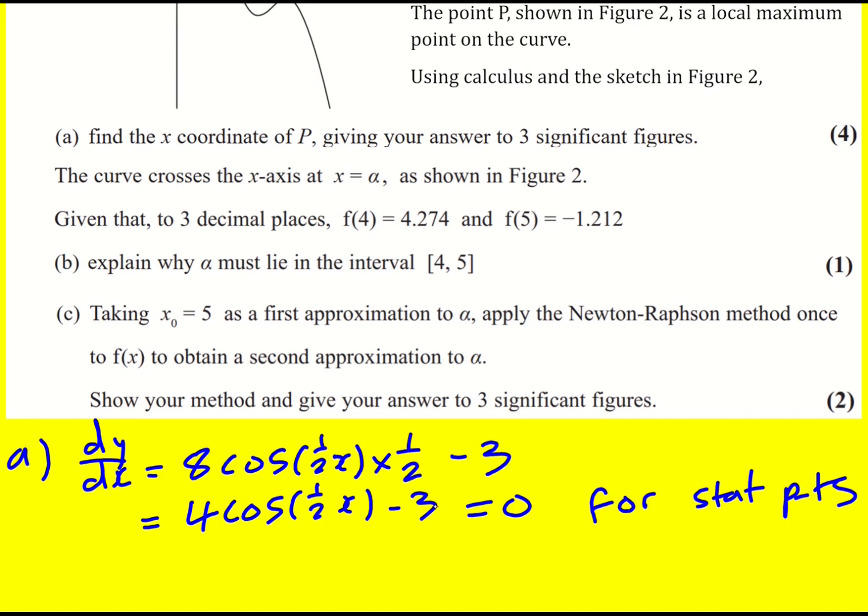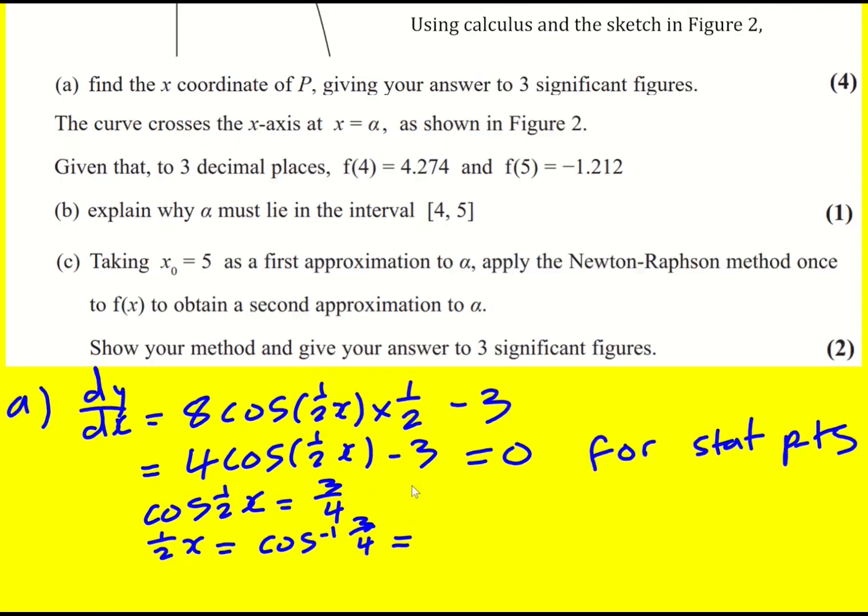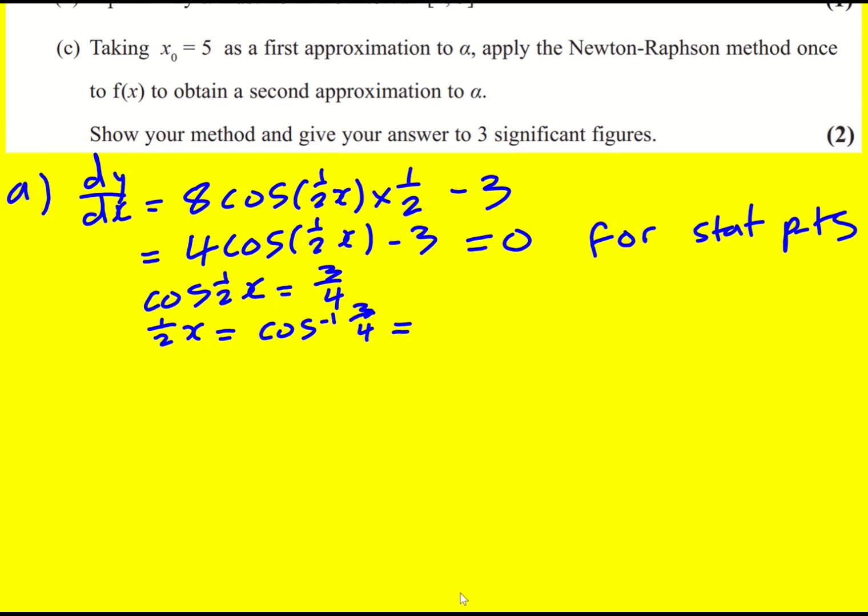All right, let's solve it. Cos a half x is going to equal 3 over 4. So x is going to equal, actually, let me do a half x first. A half x is going to be inverse cos of 3 over 4. And then I can use the graph to get all the possible solutions.